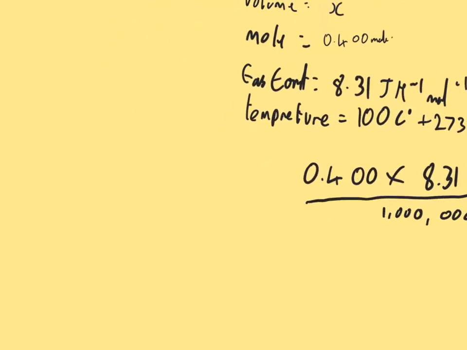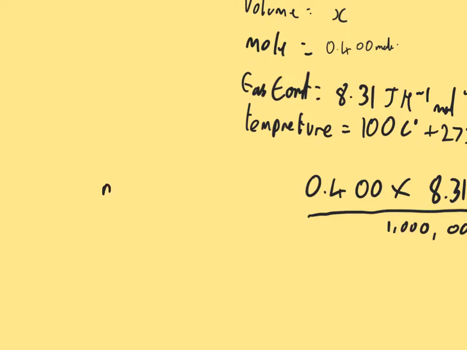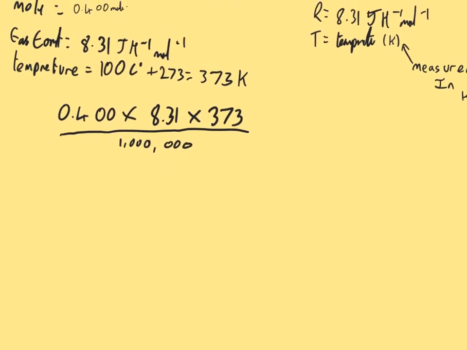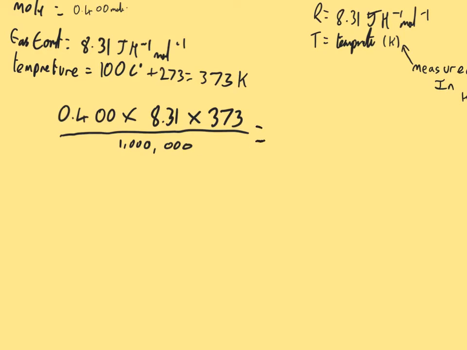So the actual equation in this case is nRT over P, which will get you your V. Give me a second whilst I type this into a calculator.